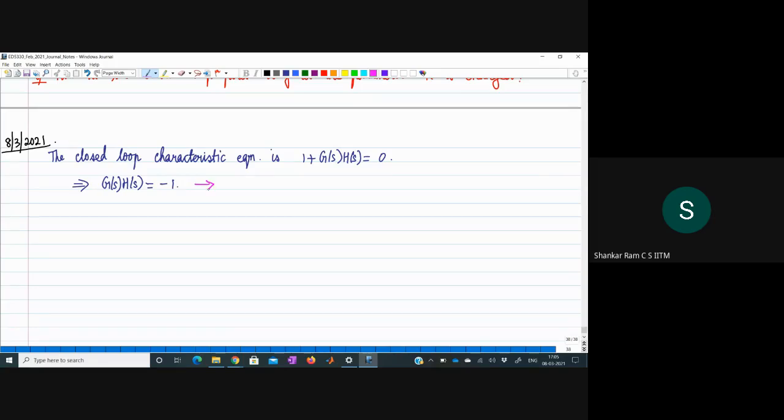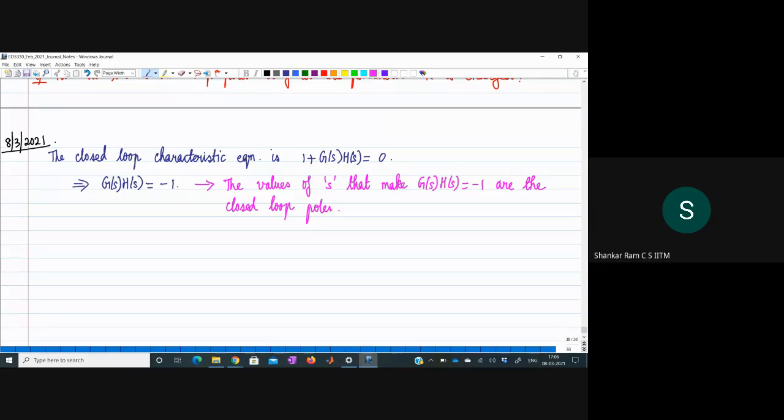One way of interpreting this equation is that the values of s that make G(s)H(s) equal to minus 1 are the closed loop poles. And what is G(s)H(s)? It is the open loop transfer function. So now slowly we can see why we defined a quantity called the open loop transfer function, which is G(s)H(s).